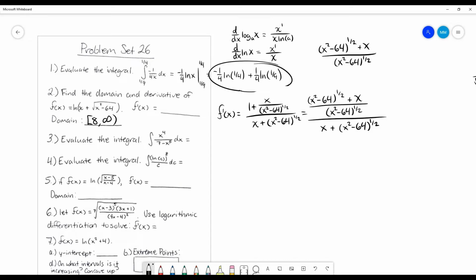So dividing by this is the same as multiplying by 1 over that. And because this and this are the same thing, we've just got those terms flipped left to right. I see that those are going to cancel out, and I'm just going to be left with 1 over this here.